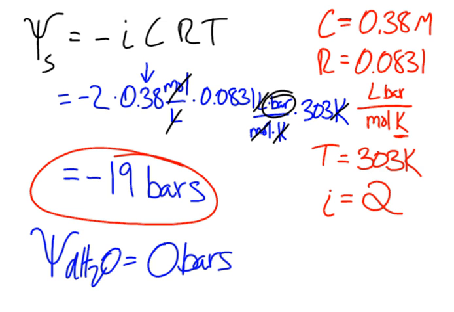So if we were to do the experiment, water potential is equal to the solute potential plus the pressure potential, right? But since the majority of the time that we do this in lab, pressure potential is going to be 0.